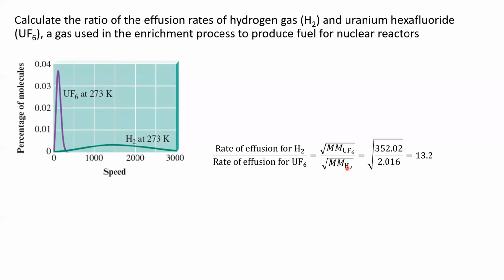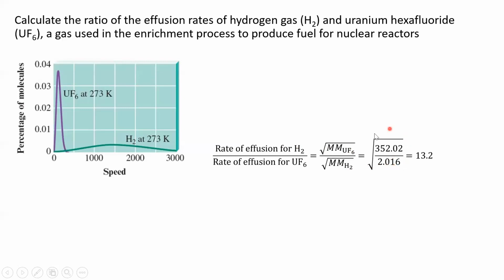So what numbers do we know? Well, we can use the periodic table and figure out what the molar mass for uranium hexafluoride is. And we can figure out what the molar mass of hydrogen is. And we would plug that into our square root. So we would take the square root of 352.02 divided by 2.016.